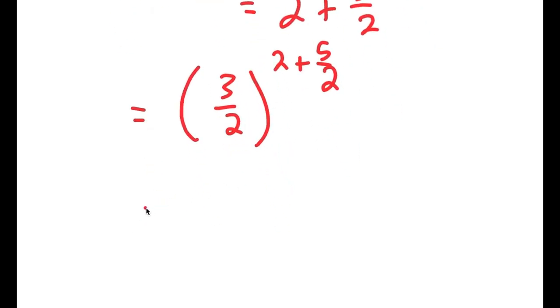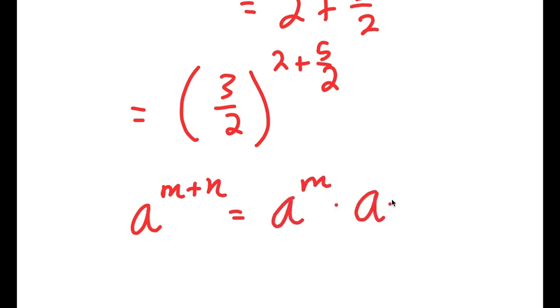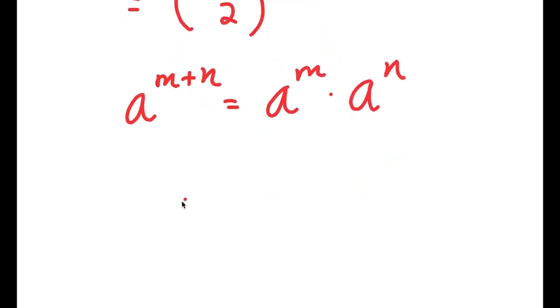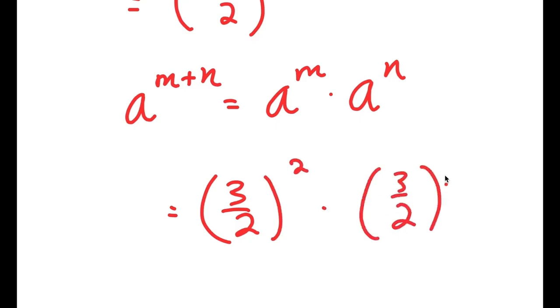Now, if I have something in the form a to the power of m plus n, this is equal to a to the power of m times a to the power of n. So 3 over 2 to the power of 2 plus 5 over 2 is going to equal 3 over 2 to the power of 2 times 3 over 2 to the power of 5 over 2.